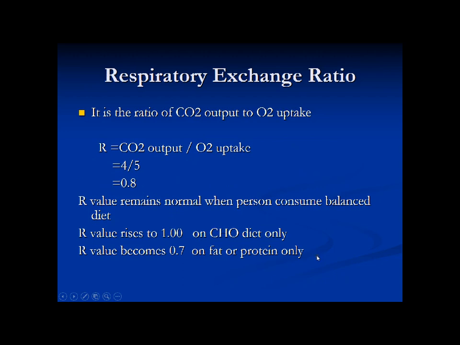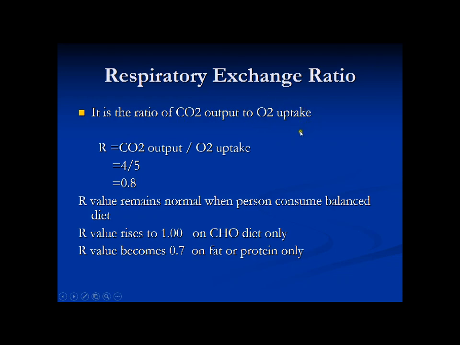Then is the respiratory exchange ratio. The respiratory exchange ratio is the ratio of carbon dioxide output to oxygen input. When blood reaches the alveoli, the lung, there will be output of carbon dioxide and oxygen is added to the blood.